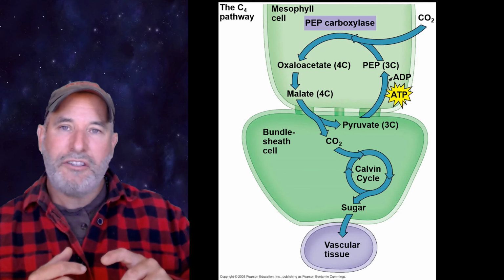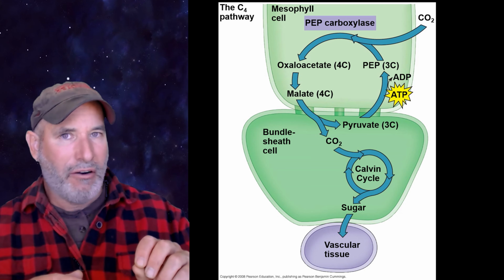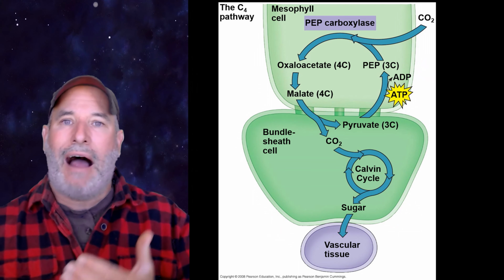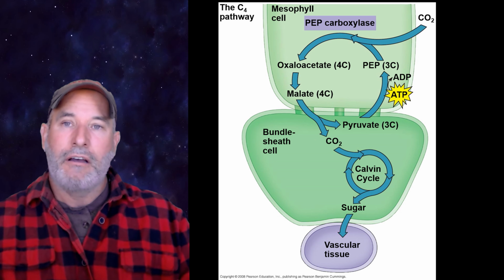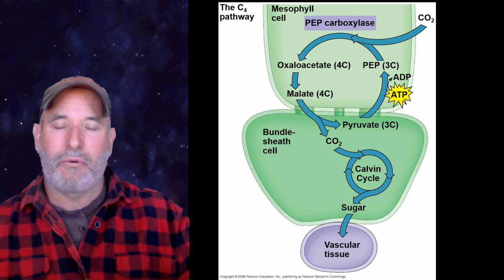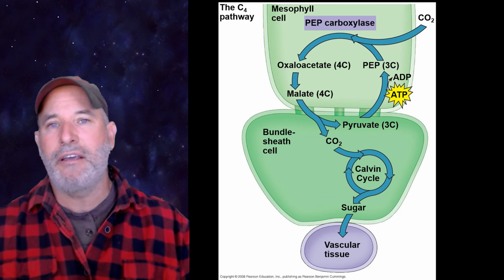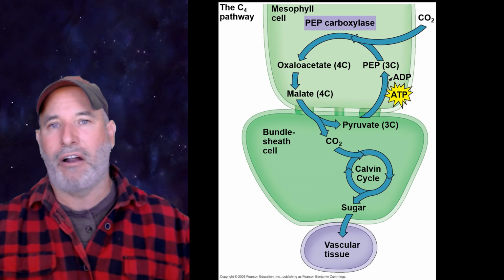But once you add a carbon dioxide to phosphoenolpyruvate, guess what you need? You have to reduce it using NADPH. That's a lot of energy. And then once you've got the pyruvate, it requires an additional ATP to recharge pyruvate back to phosphoenolpyruvate.